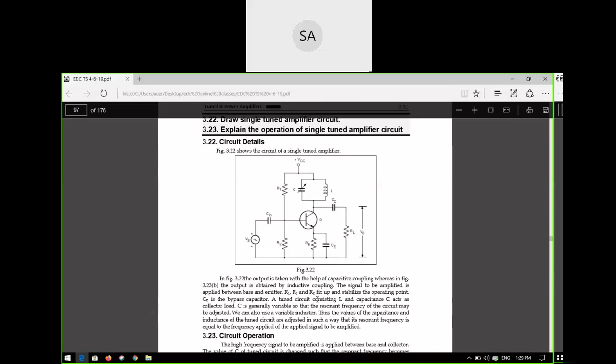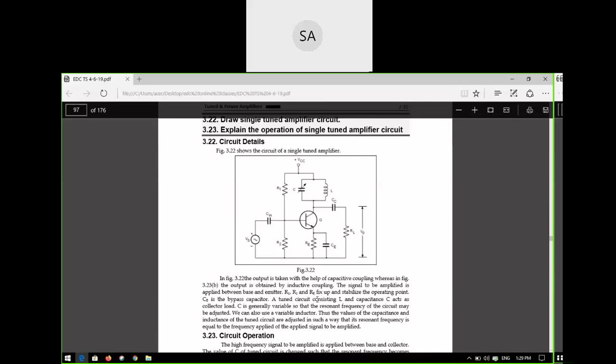Only very narrow frequencies are amplified, only a particular area of frequencies. So it is called a narrow band amplifier. All tuned amplifiers are narrow band amplifiers.